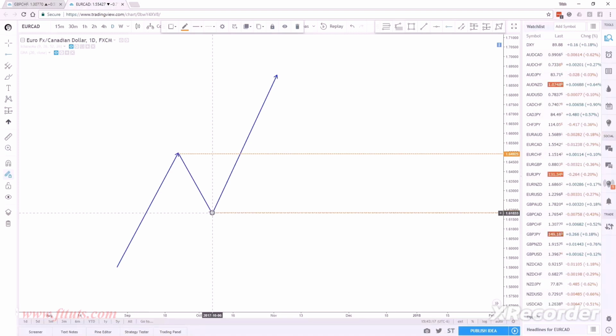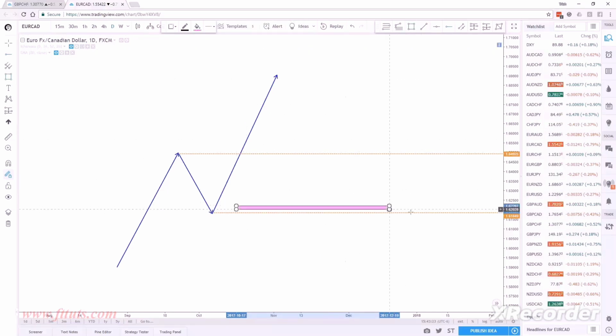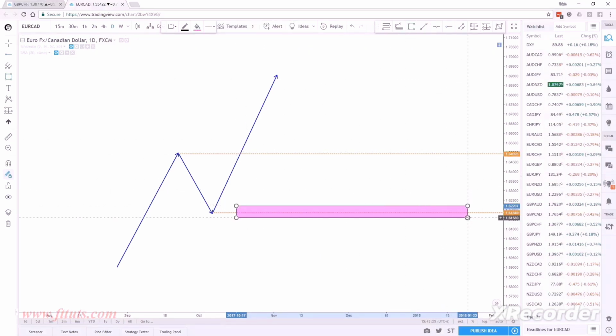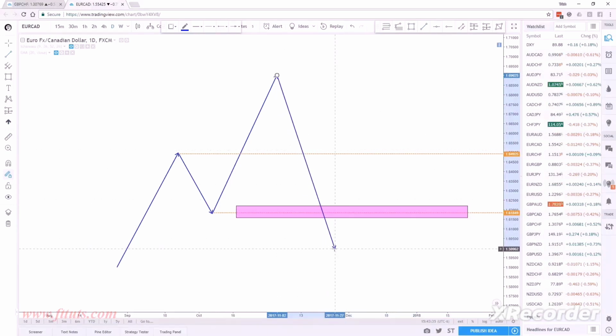Okay, so where does our new trend begin? The new trend begins once we break this most recent higher low level. Now we need to see price break through this and retest it.